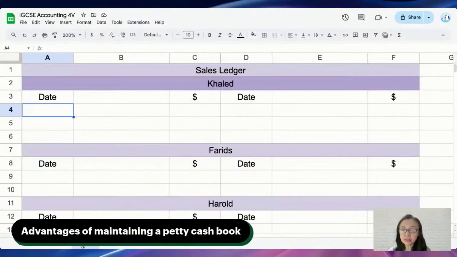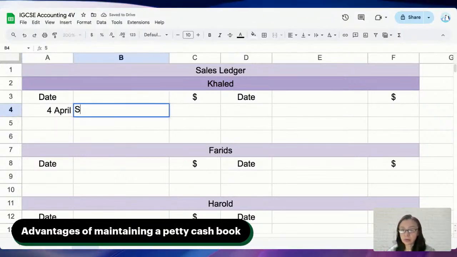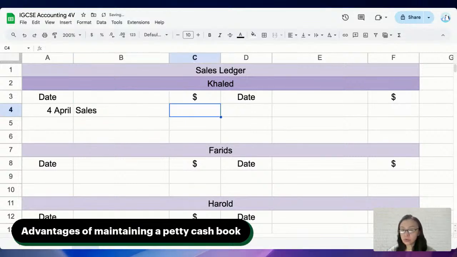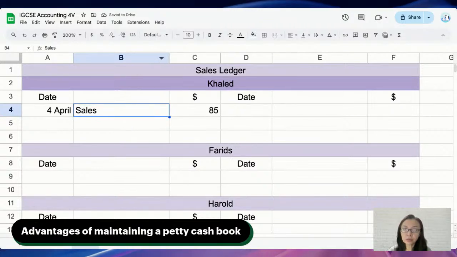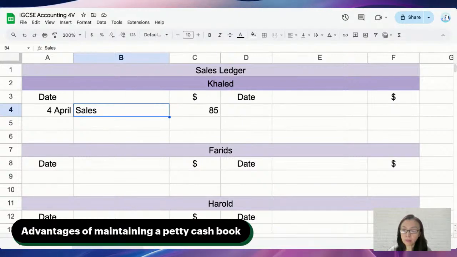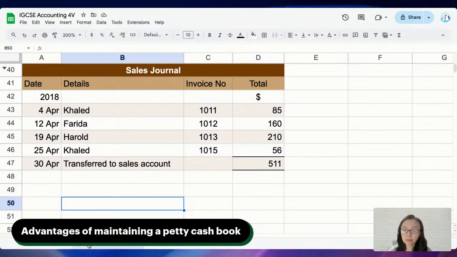This is how the ledger looks like. It's for April, and sales of 85 for the first transaction for Khaled. And then the other one, Farida.